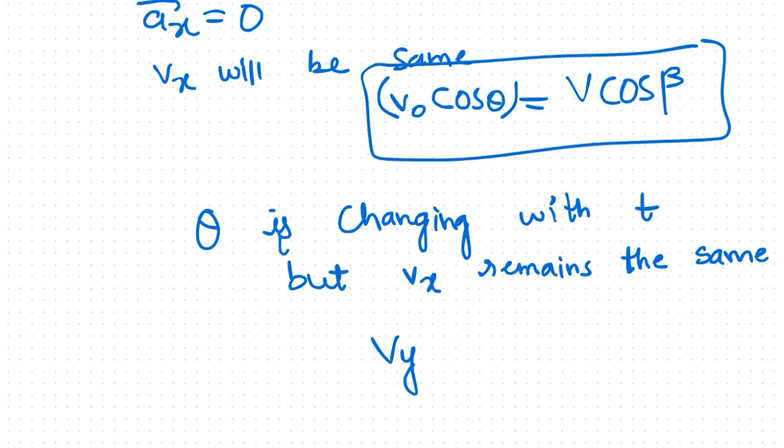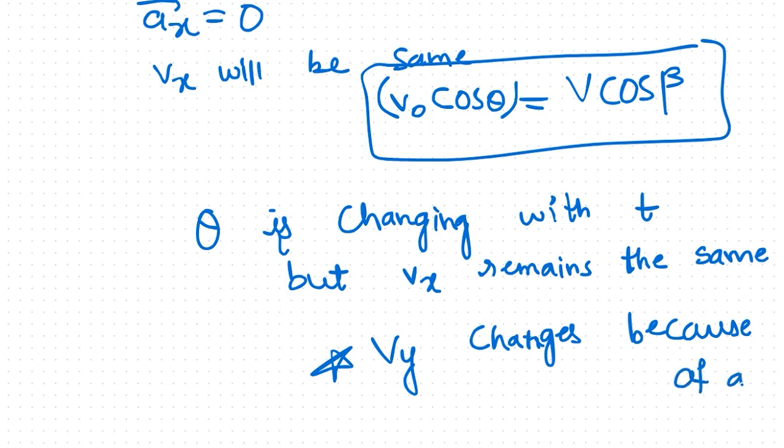No. Vy means along what direction? Along the y. Because acceleration is constant, I'm writing Ay is equal to minus g j. Acceleration changes Vy.